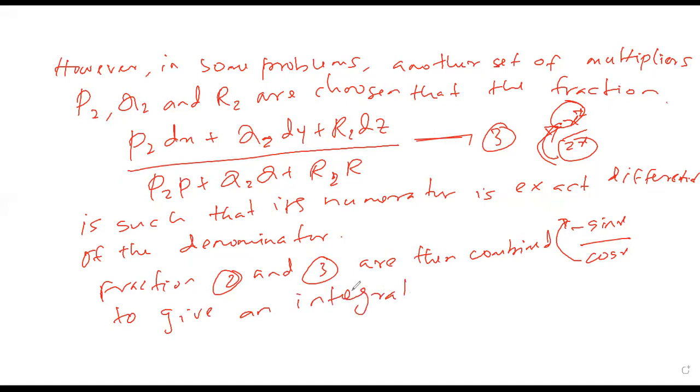So we're going to use both. In our type 3, we have seen both in a different way. For one multiplier we got one integral, and for the other we got another. Now we are taking the two multipliers in two different ways, but combining them to get the integral.